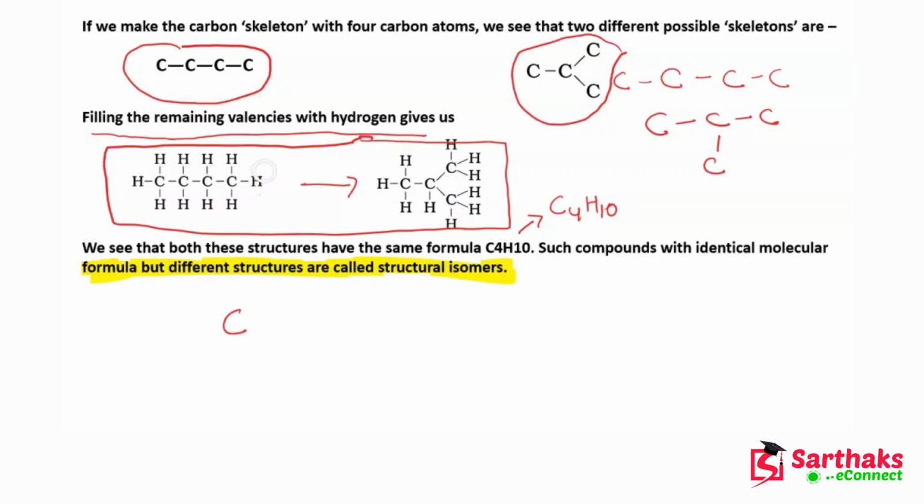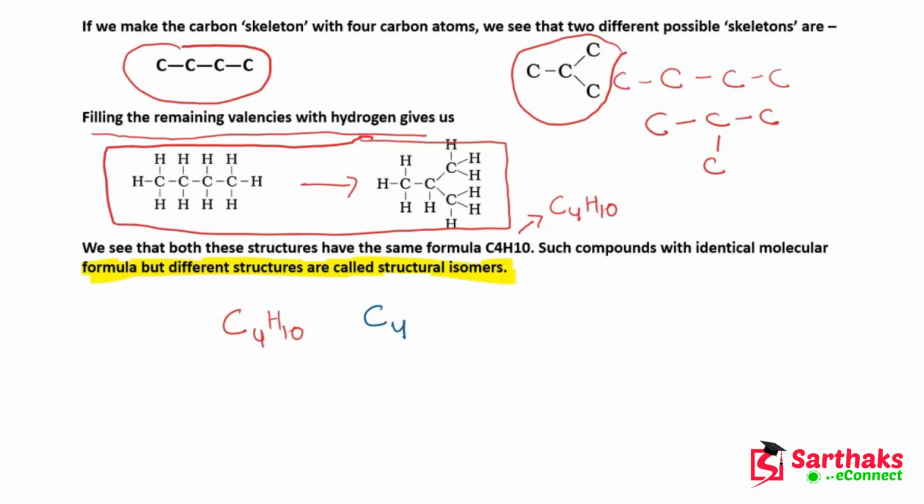Now how many hydrogens are present? You can count it, 1, 2, 3, 4, 5, 6, 7, 8, 9 and 10. So basically here 4 carbons and 10 hydrogens are present. If I talk about this branch structure, you can check that 4 carbons are present, 1, 2, 3, 4, so C4.